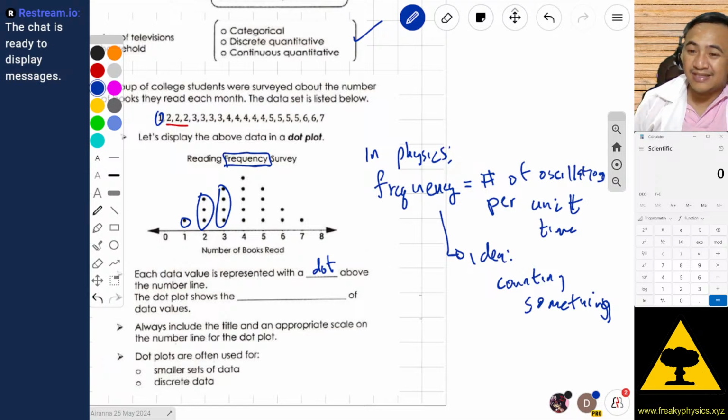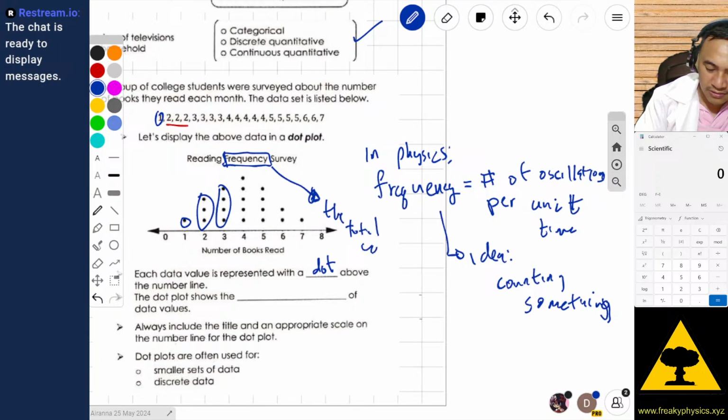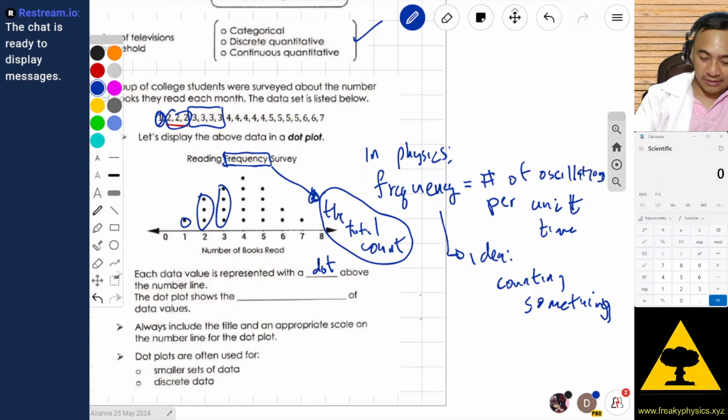It's the same idea. You're counting how many times you go. Frequency in mathematics means the total count. So in our case, our frequency for 2 is 3, and our frequency for 3 is 4.